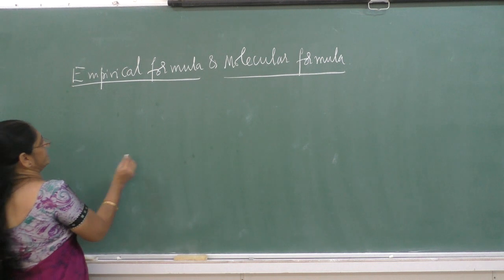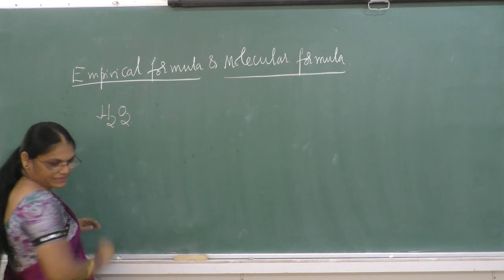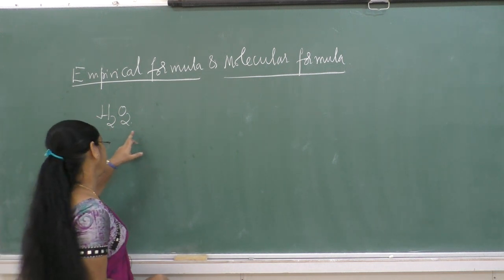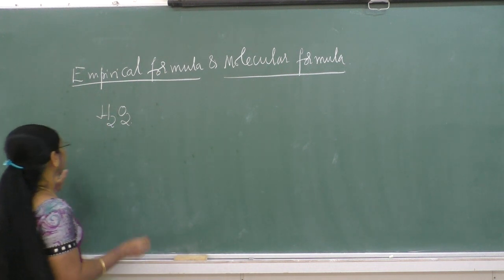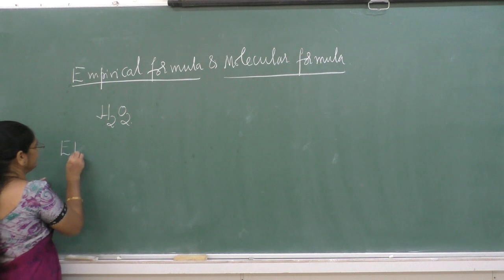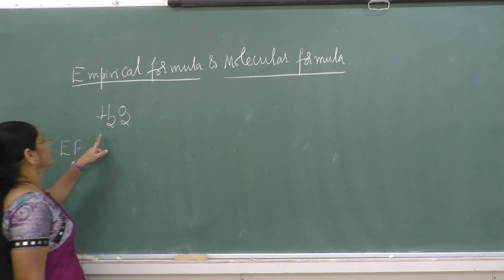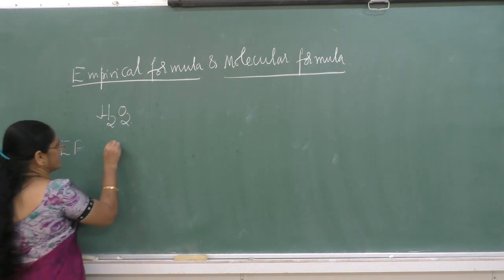Now let us take hydrogen peroxide as an example. The molecular formula of hydrogen peroxide is H2O2. In order to write the empirical formula, we have to take out 2 as the common factor.